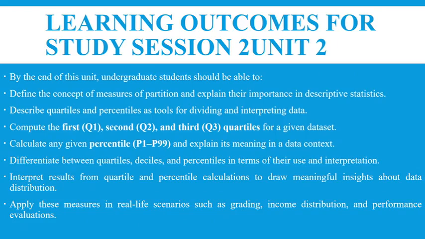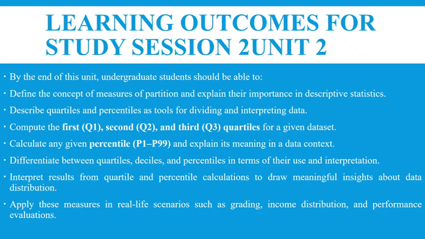Learning outcomes for study section 2 unit 2. By the end of this unit, students should be able to define the concept of measure of partition and explain their importance in descriptive statistics. Describe quantiles and percentiles as tools for dividing and interpreting data. Compute the first quartile, second quartile, and third quartile for a given data set.